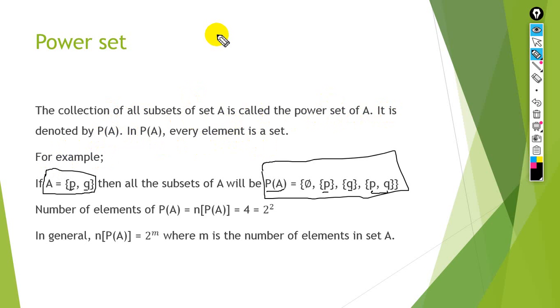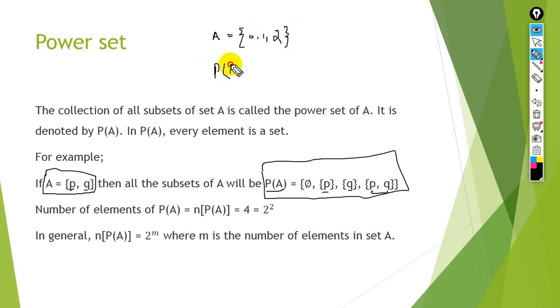So look at this here. For example, if I have a set A equal to {0, 1, 2}, this is a set, so what will be the power set of this?